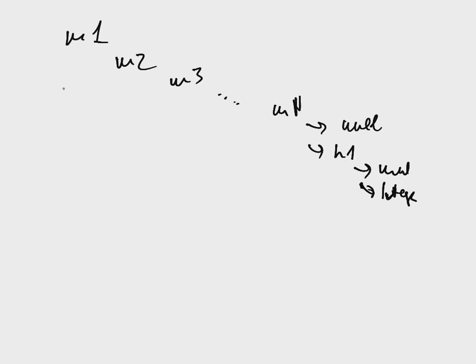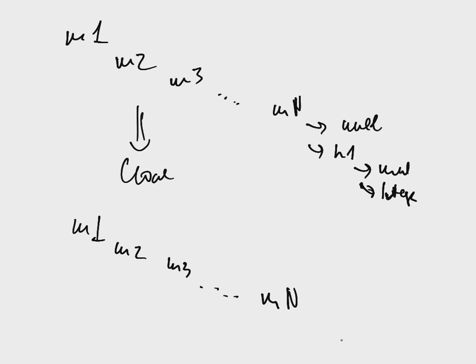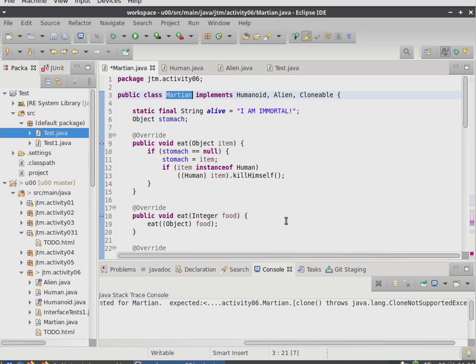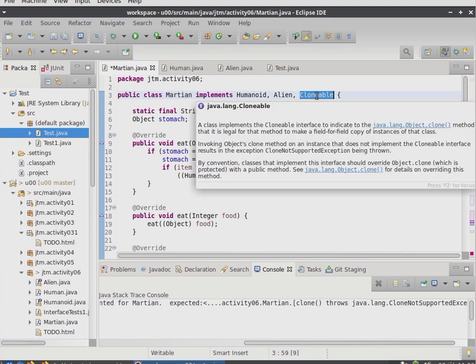When I clone it, I need to create a proper clone, Martian M1 with Martian M2 in its stomach, Martian M3, Martian N1 in its stomach, with its stomach either null or another human with stomach either null or integer. So all these data structures need to be replicated. Otherwise, this claim is not earned.